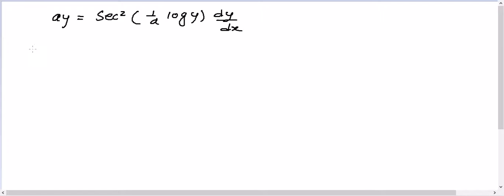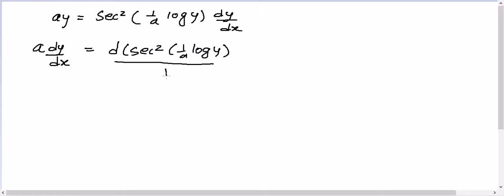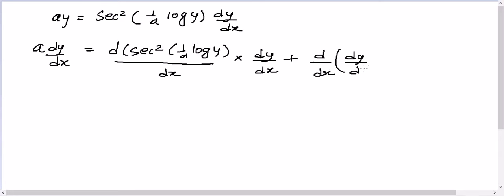So on the right side it will be a into dy by dx, and first we'll find the derivative of sec square of 1 by a log y into dy by dx. The second function will be as it is, plus now the derivative of the second function into the first function, 1 by a log y, right?